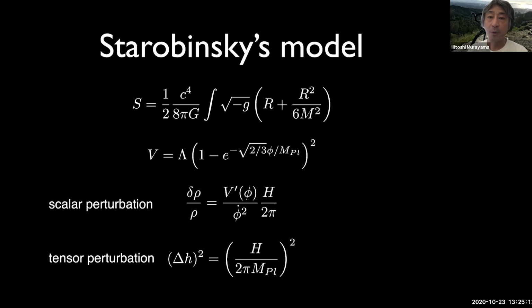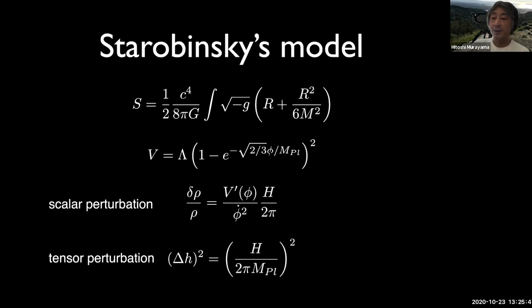The Stravinsky model is written by this Lagrangian, and I won't spend much time explaining it, but you can recast this Lagrangian into the form of the scalar potential that looks like this. When phi is large, this exponential gets exponentially suppressed, and then you have a constant energy density.